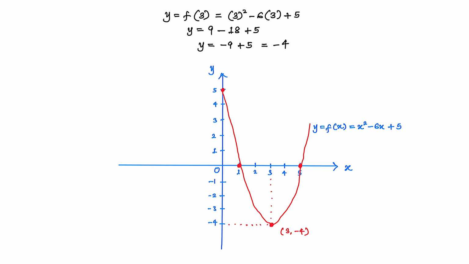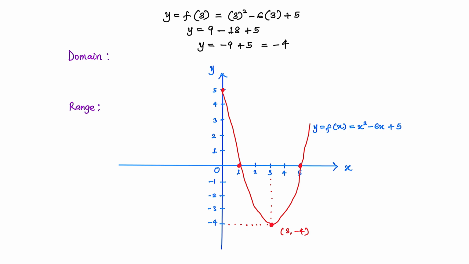One more thing that is also important to know how to determine is what we call domain and range. Domain always has to do with the possible values of x, and range has to do with the possible values of y. So domain has to do with possible values of x. So we go to this equation here.